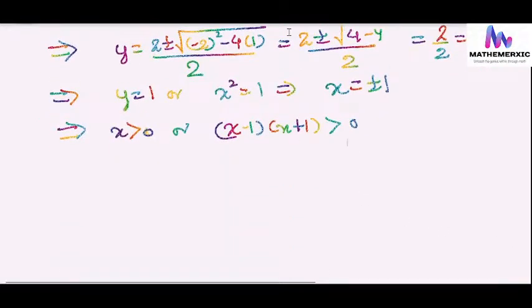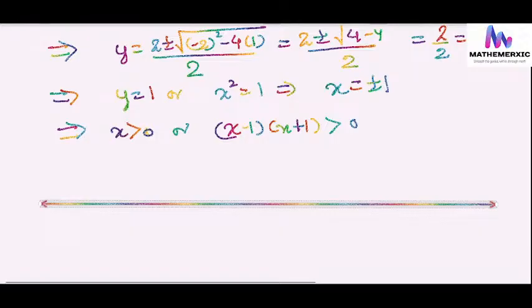Okay, so if you just write on the number line, because the critical points are 1 and minus 1, so we can try. So this will be leading to minus 1 and plus 1.